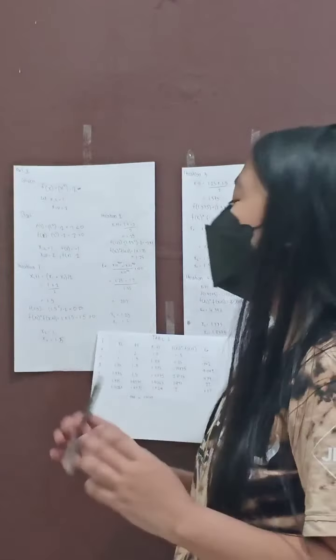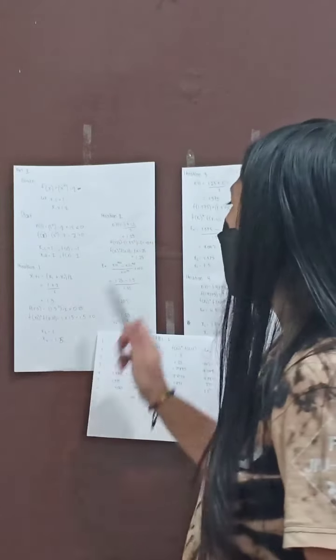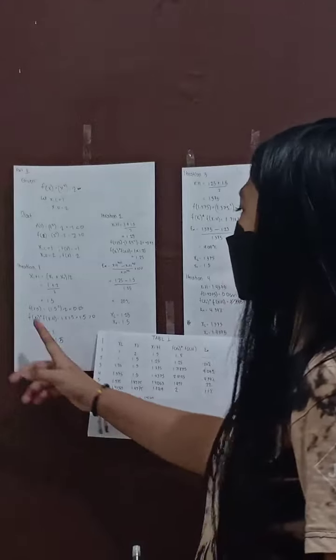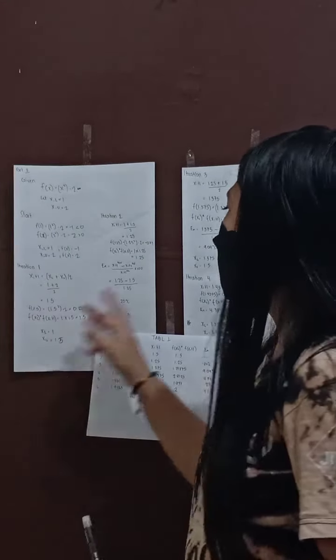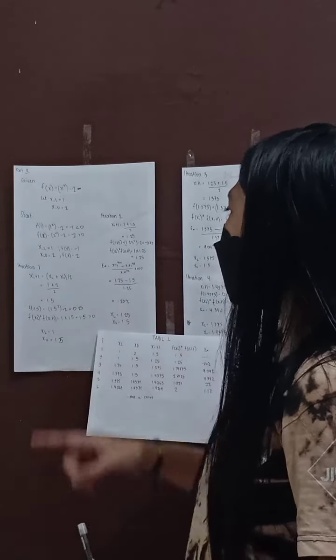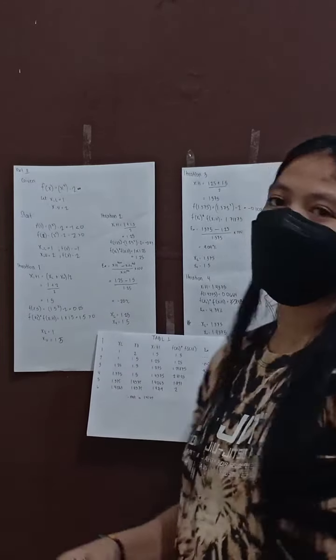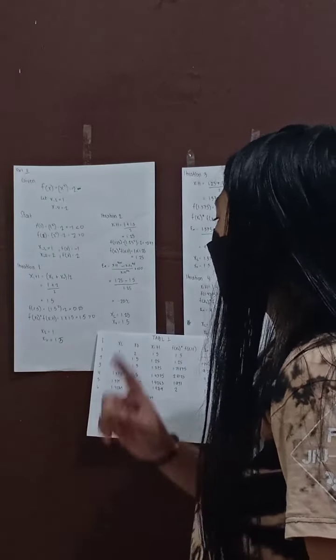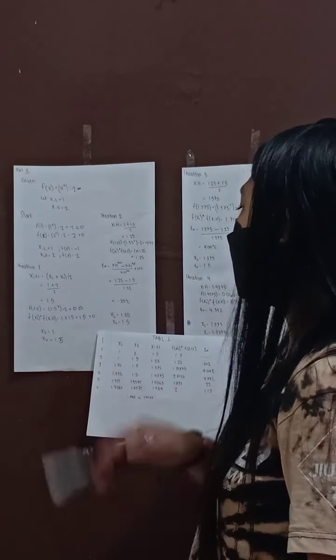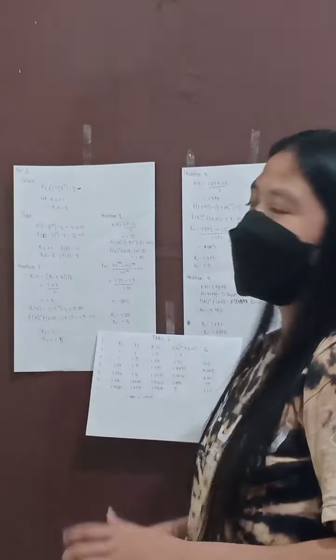The formula of EA equals (new xi plus 1, which is 1.25, minus the old one, which is 1.5) over new xi plus 1, 1.25, times 100 equals negative 20%. So the xl here is 1.25, xu is 1.5. So we replace the xl with xi plus 1.